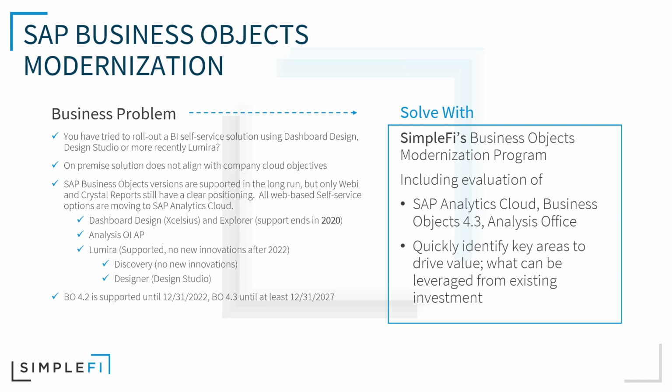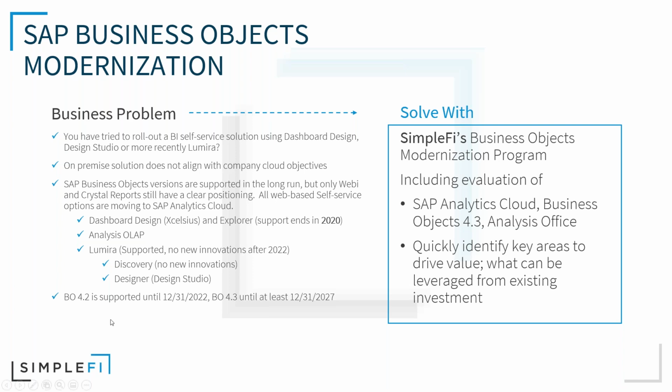Lumira, right now, that's still supported, still coming out in 4.3, but after 2022, and that's for the designer portion, there are some releases to stabilize it, optimize it, but no real new functionalities. And after 2022, both of these solutions will be supported as part of 4.3, but you will not see anything new.